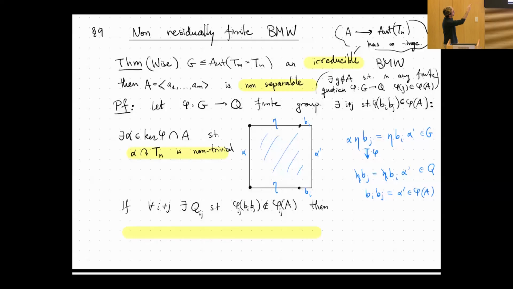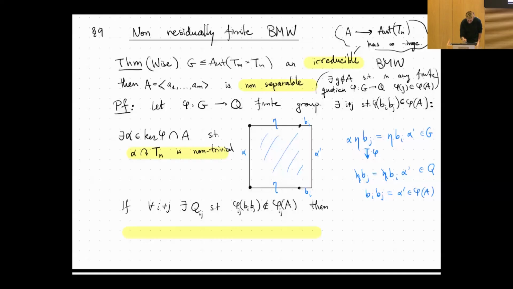And now let's finish the proof. So as Gil said, there's a problem with the quantifiers, right? We want one element that works for all finite quotients and not an element for each finite quotient. But the key here is that the number of elements that we used is finite.